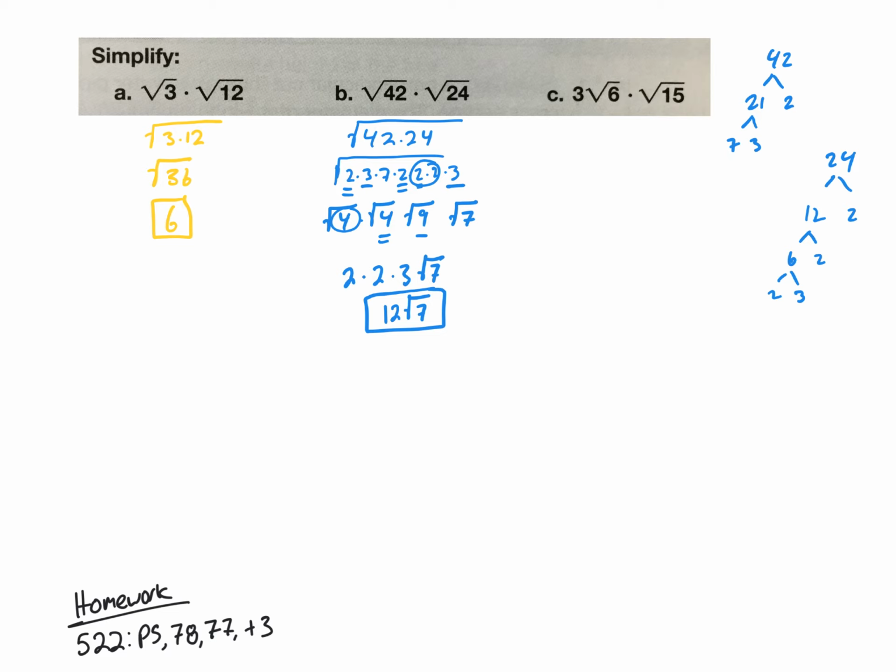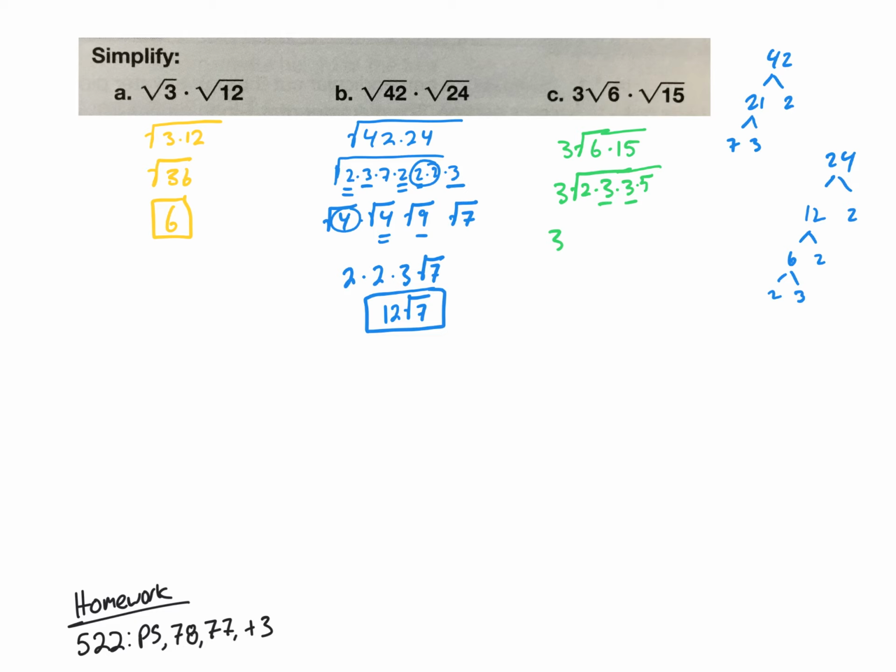This one here, I will do something similar again. This is going to be 3 square roots of 6 times the 15. But notice, leave that 3 on the outside. This is 2 times 3. And this is 3 times 5. So those pair up.